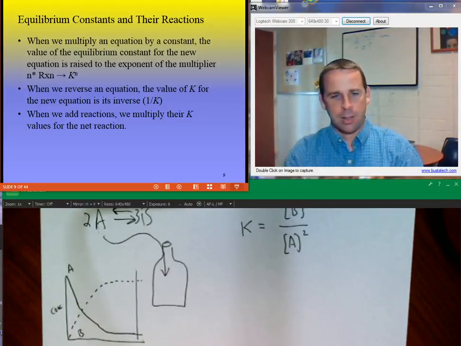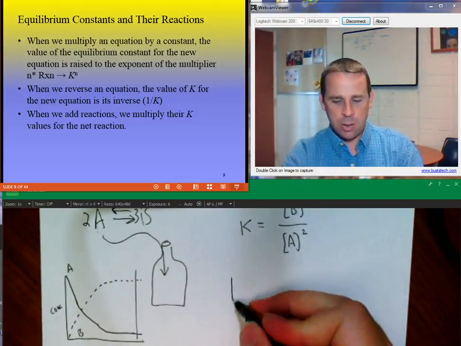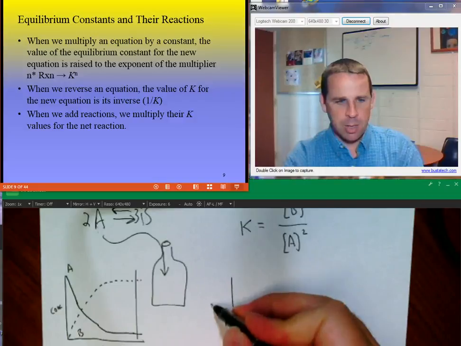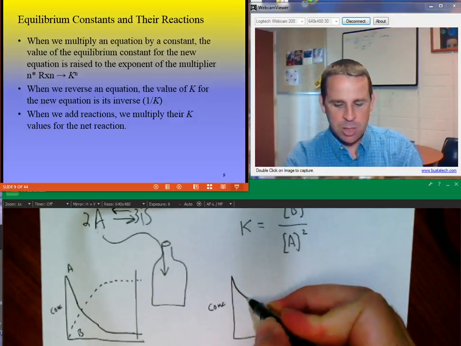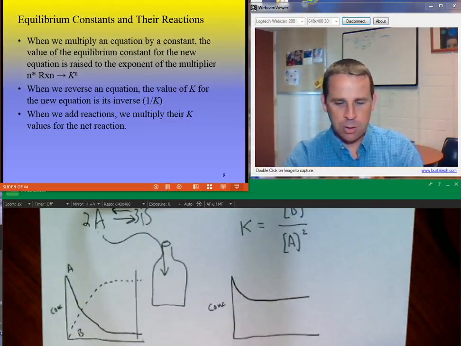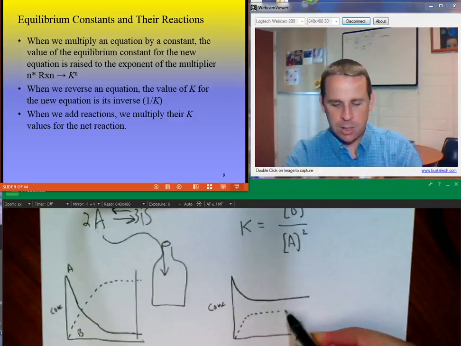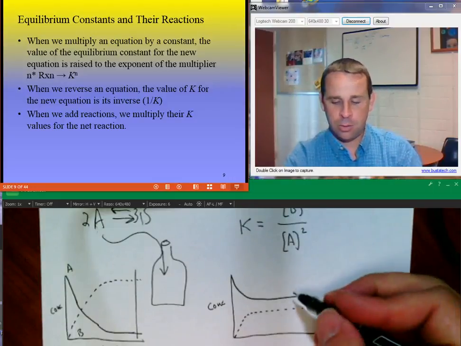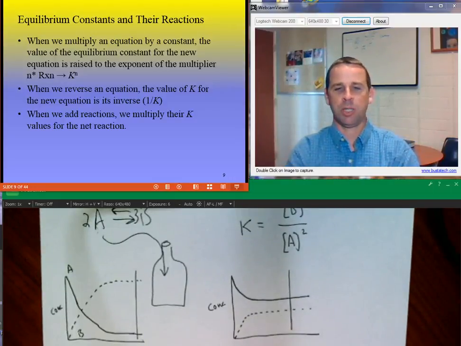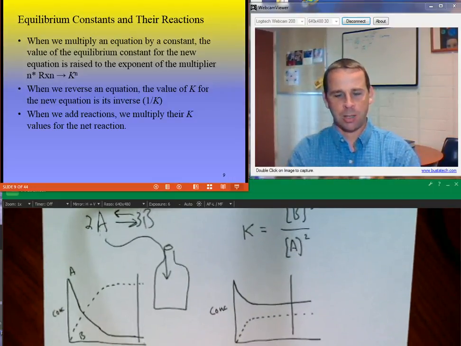You could also have the same chemical reaction, but the rate of decomposition to B is slow, so it stabilizes quicker, and the rate of B converting to A is also slow. Then your equilibrium concentrations will be different.